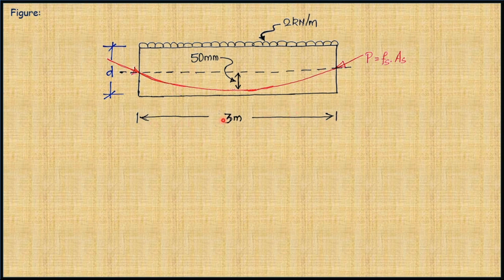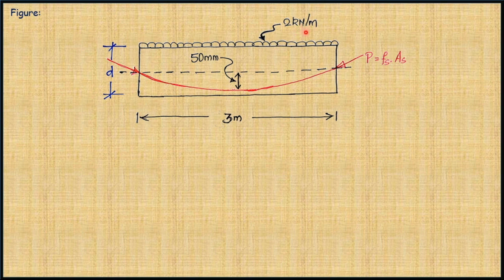The span is 3 meters. The cross section is not given, so we take it as a depth d. The eccentricity at center span is 50 mm, at supports it is 0, so there is no eccentricity, and the cable is parabolic in nature. This is the pre-stressing force which is acting, pre-stress multiplied by area of the steel, Fs into As, and a UDL of 2 kilonewton per meter run is acting on the member.